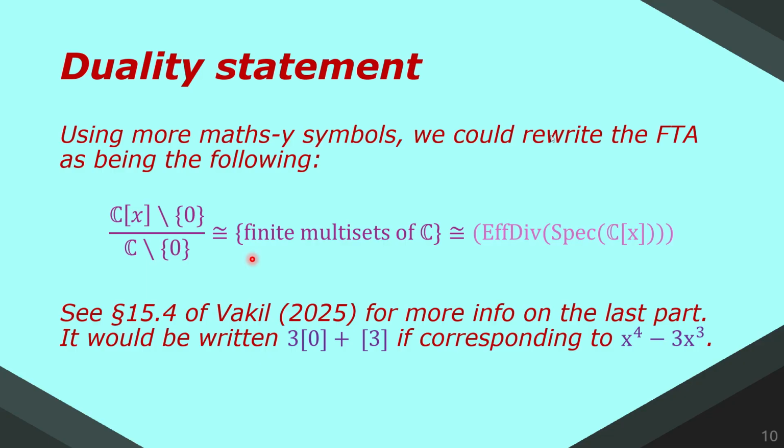He is French, or there is a more French way of pronouncing it, but I am not French. They're effective divisors of the spectrum of C adjoint X, which is the univariate complex polynomials.